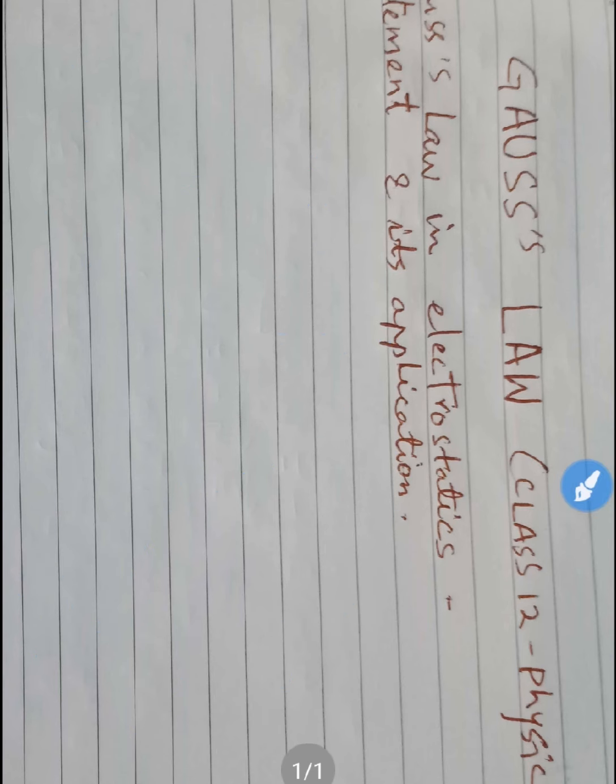Taking another example, say here is one face of a square of side a, and the point charge is here at distance a by 2. So this is an open surface, one face of a square. So make the other 5 faces and make it a cube. Make it symmetric, and then you will see the charge Q will be at the center of the cube.